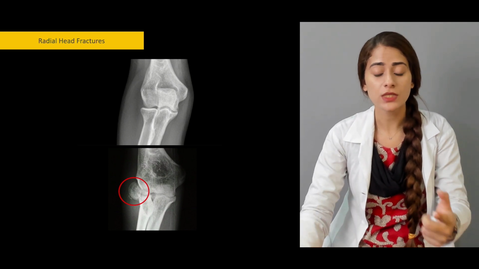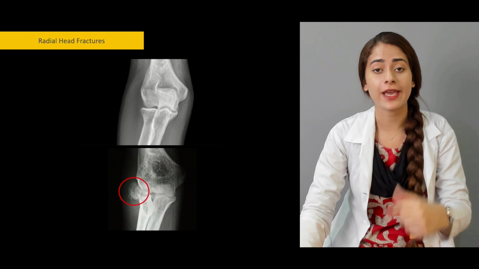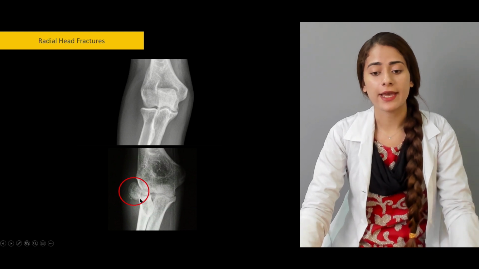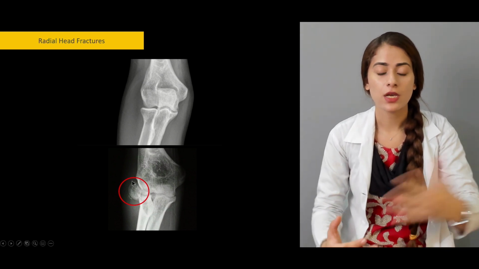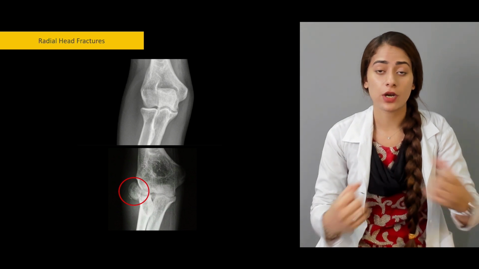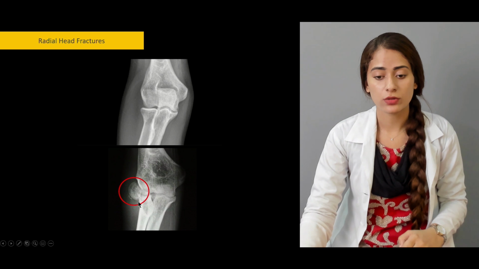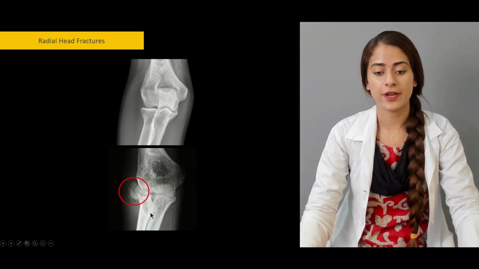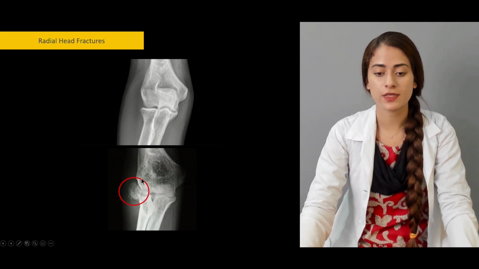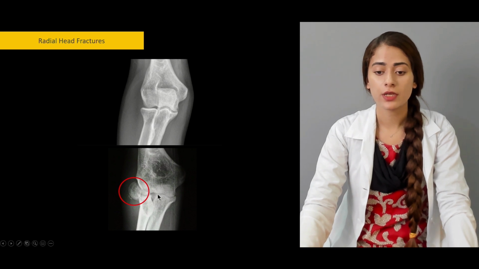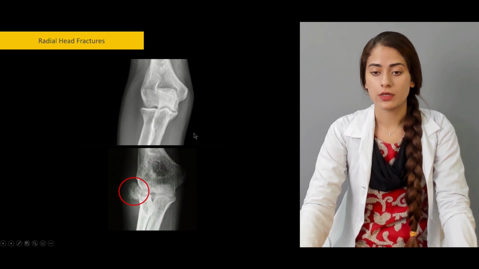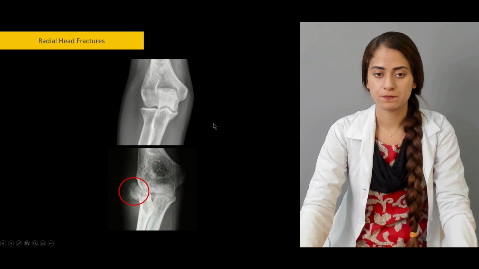So this is type 4 Masson fracture, as we discussed previously, and it is displaced relatively away, a larger distance from the original fracture site. So this is a type 4 Masson fracture, and this is the normal radiograph.